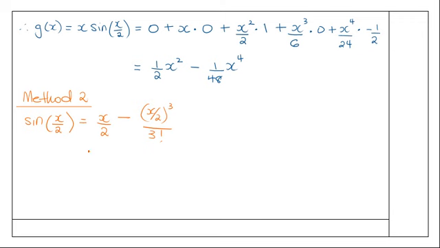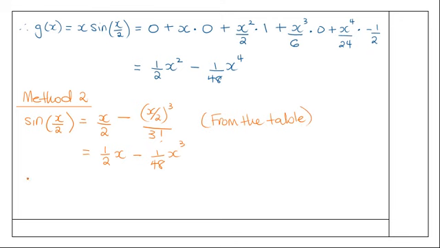And this is going to give me half x minus x cubed over 8 divided by 6, 1 over 48 x cubed. So the Maclaurin series expansion for sine of x over 2 is this. And this is taken from the table given in the formula sheet. So that's how we obtain this.